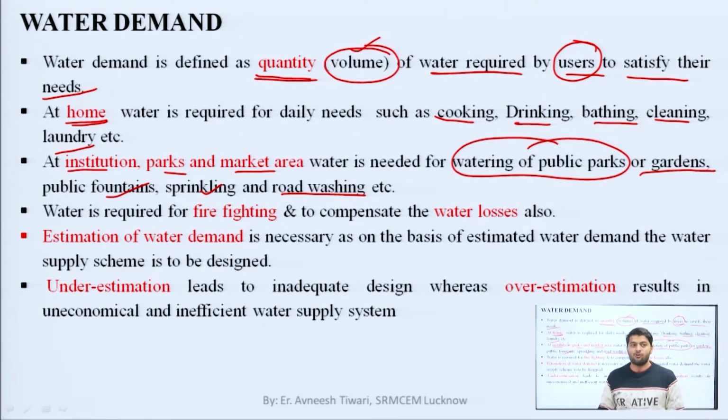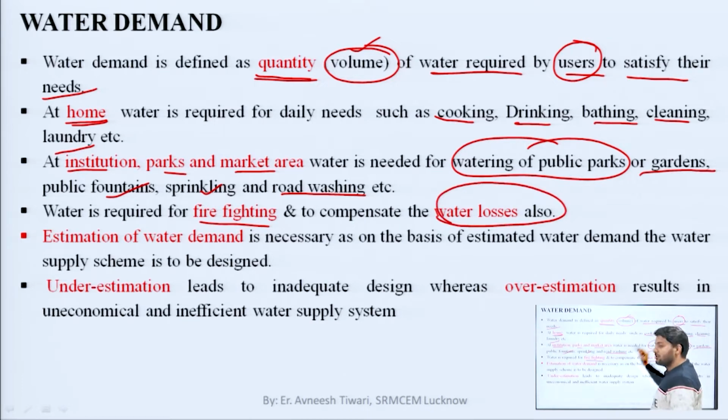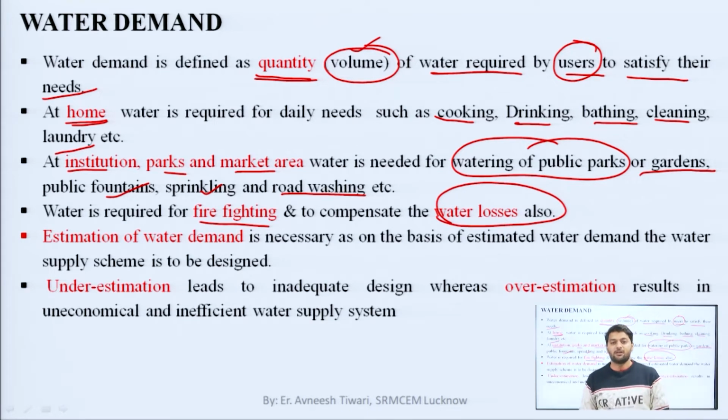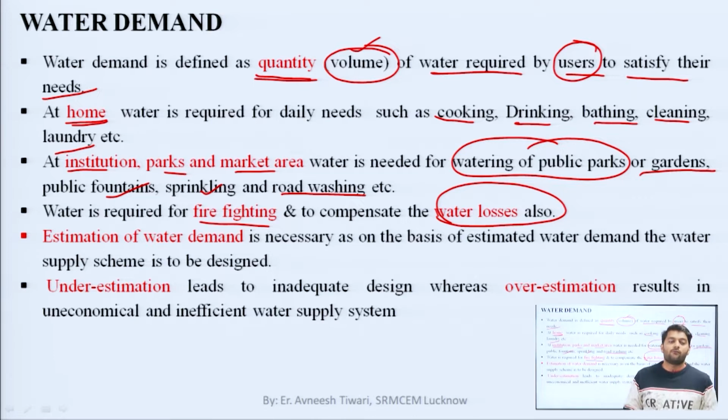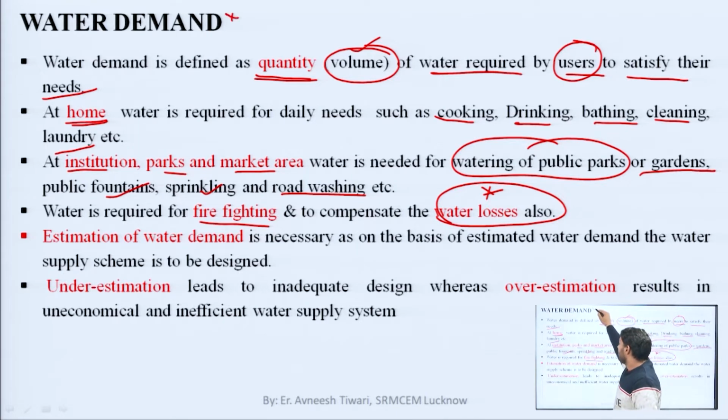We are also aware that at the time of emergencies, water is required for firefighting, and certain water is also lost during transmission. If we supply water from a plant to the consumer, a certain amount of water is lost. This loss also comes under water demand.